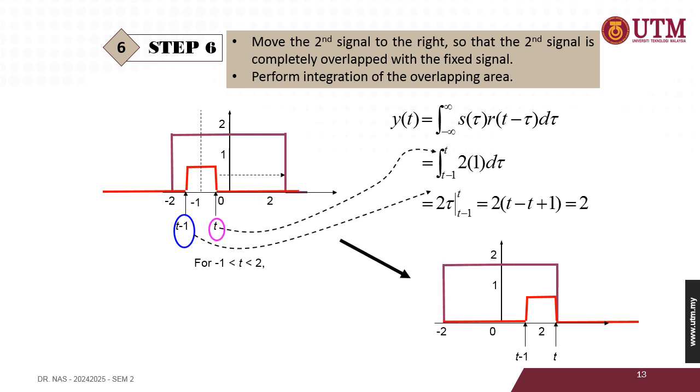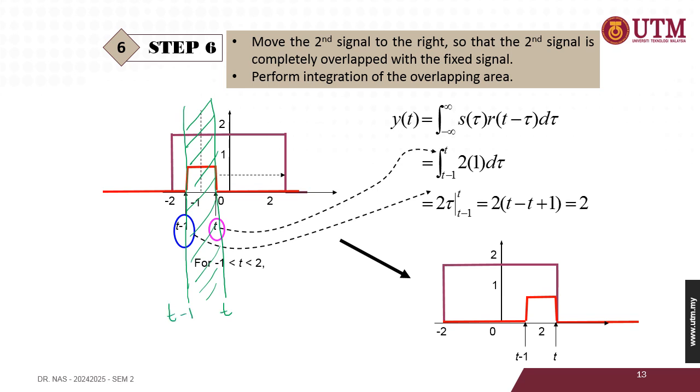Earlier the signals just partly overlapped, but in this step the second signal completely overlaps with the fixed signal. This is the area in which the two signals overlap, from t to t minus 1.